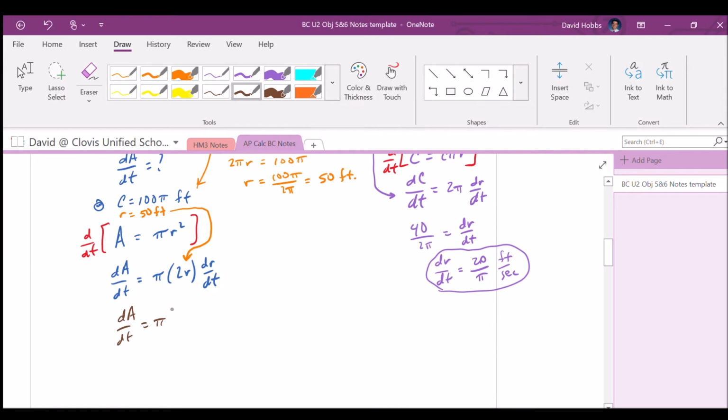So 2 times 50, 100, and dr/dt is 20 over pi. And let's see, the pi reduces with the other pi, and so that leaves us with 2,000.